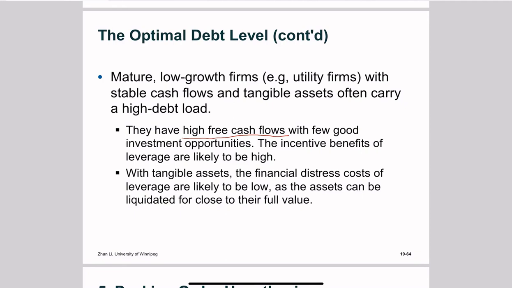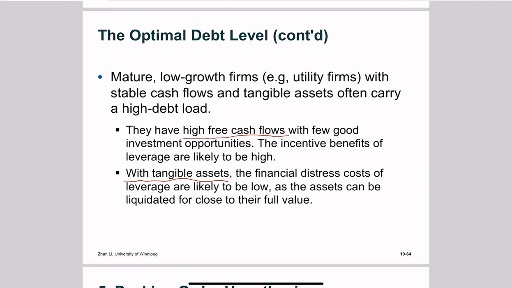And then the second reason is these firms have a lot of tangible assets. This implies for these firms, the possibility of financial distress is actually lower, and financial distress cost will also be lower. The reason is if the firm has any difficulty in repaying its debt, if this is a mature firm with a lot of fixed assets, then this firm can just liquidate these fixed assets to pay back its debt.